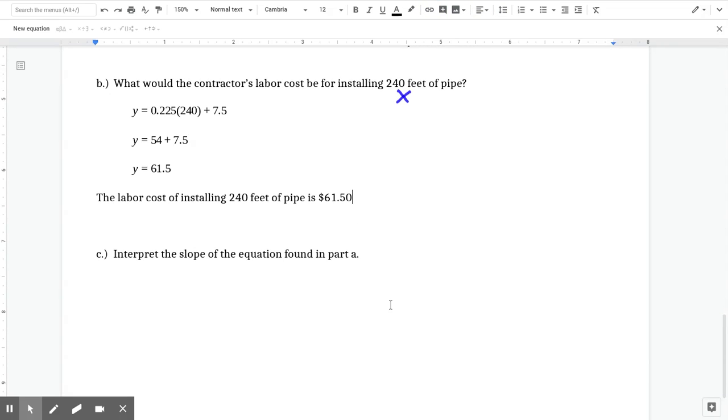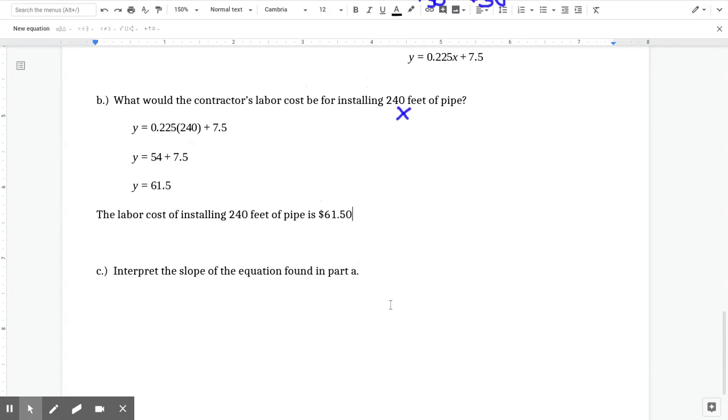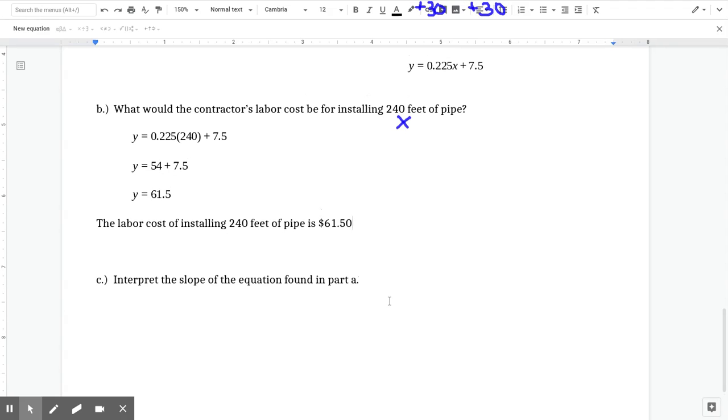So part C says you have a slope in your equation. Let's talk about what it means. Usually to talk about slope, it's easiest to talk about it in its fractional form. So even though we are able to write the slope as a decimal, if we revert back to the fraction, we'll remember that the fraction was 9/40.